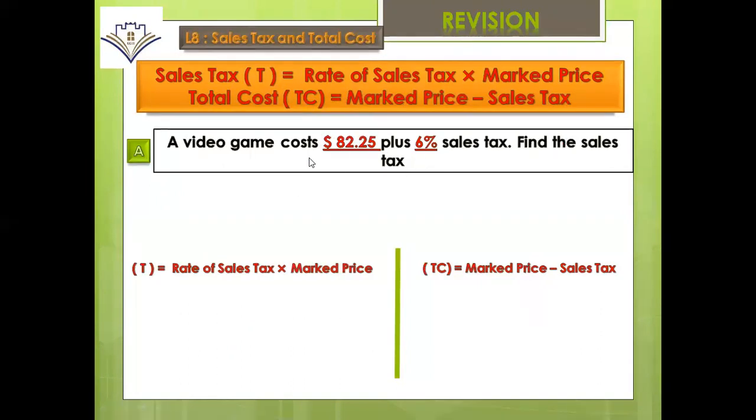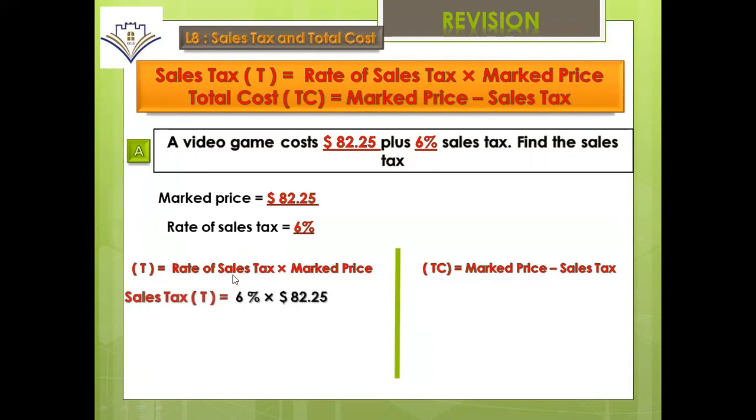Then we have here two numbers. The first number is the market price, $82.25. And the second number here is 6%, which is the rate of sales tax. I need here the sales tax. Sales tax equals rate of sales tax multiplied by market price.